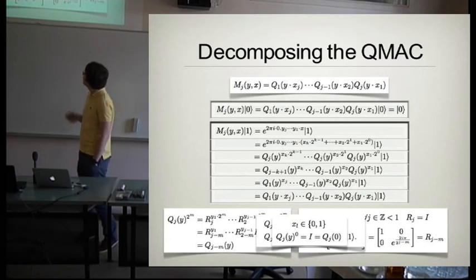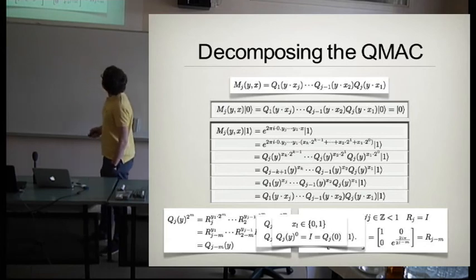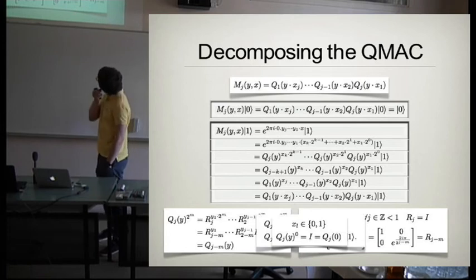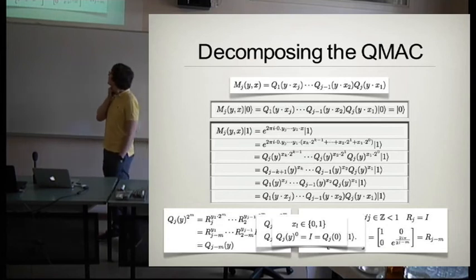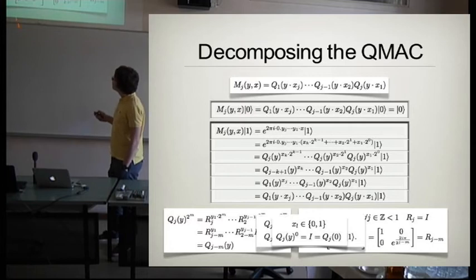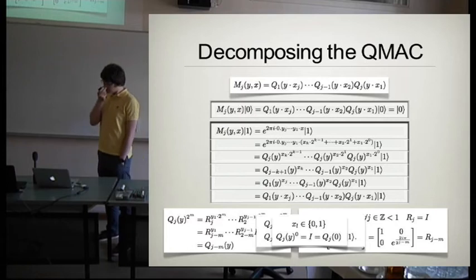And now we note that the phase shift gates will be identity if the J will be less than 1, and that if we take it to the power of 2 to the power of m, it's just J minus m.